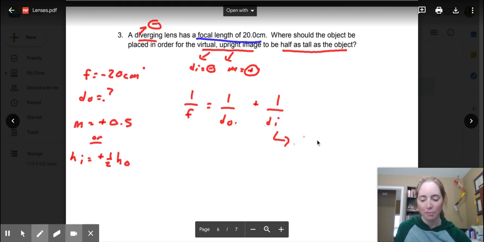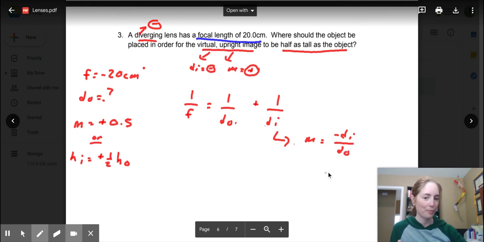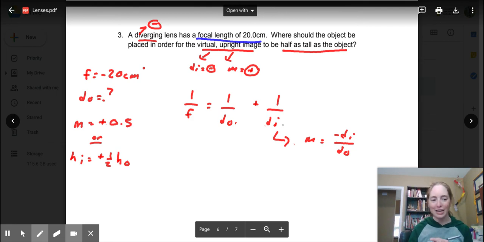Okay, my magnification is equal to negative DI divided by DO. Well, I am trying to find DO. So I'm going to keep that, and I want to get rid of this DI. If I have two DOs, which is what I'm trying to find, then I am going to be able to do some math wizardry in order to get it down to be one DO, which I will then be able to solve for.